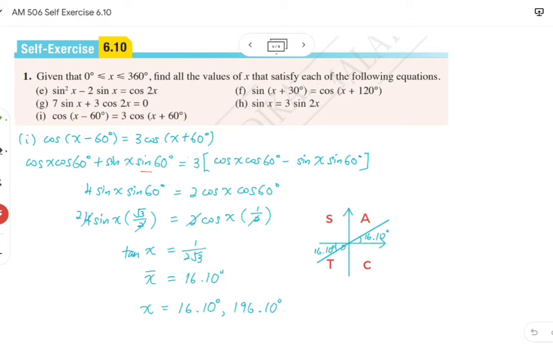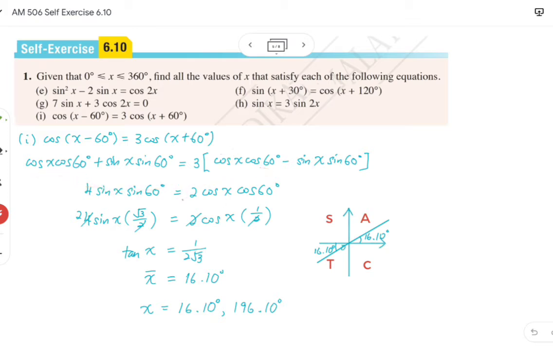1 from here. And then negative 3. Move to the left, become positive 3. To plus with the 1. We get 4 times of sine x sine 60 degree. And for the cosine x cosine 60 degree, we have 3 times here on the right and 1 times to be minus.